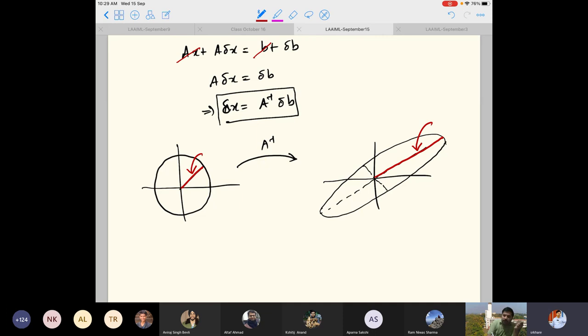So in this particular equation that you see, if delta B happens to be in the direction of maximum magnification of A inverse, then A inverse delta B will be really magnified out of proportion. And that magnification that A inverse causes to delta B is actually reflected in delta x.